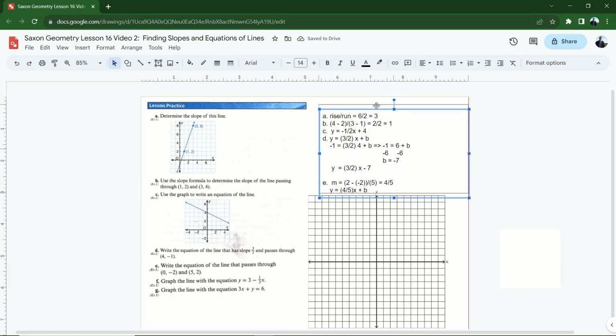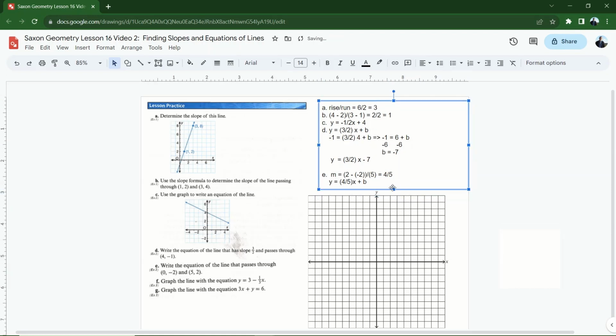Now, if I didn't know what b was, all I'd have to do is plug in one of my points. I would choose to plug in 0, -2. If I plug in 0 for x and -2 for y, I see b equals -2. Well, b equals -2, so I'm just going to replace b with -2. Y equals 4/5 x minus 2.